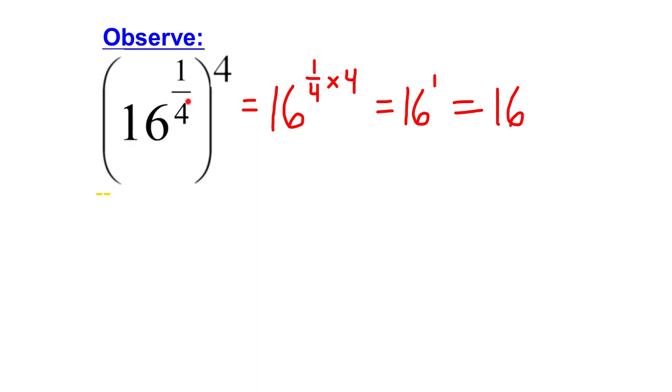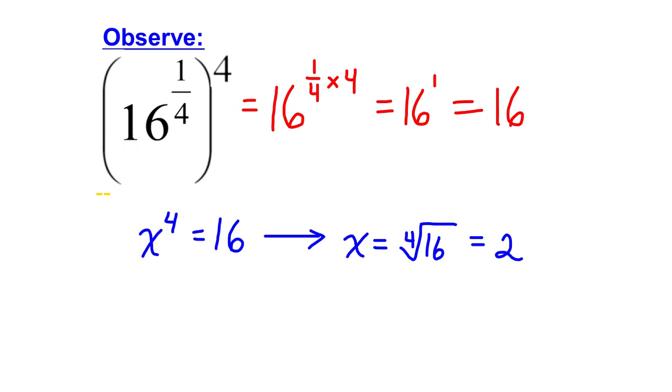16 to the 1 over 4, to the exponent 4, simplifies to this. I multiply the exponents. 16 to the exponent 1 is 16. And in the warm-up, we had x to the exponent 4 equals 16. To figure that out, we can think, what is the fourth root of 16? What multiplied by itself 4 times is 16? The answer was 2.